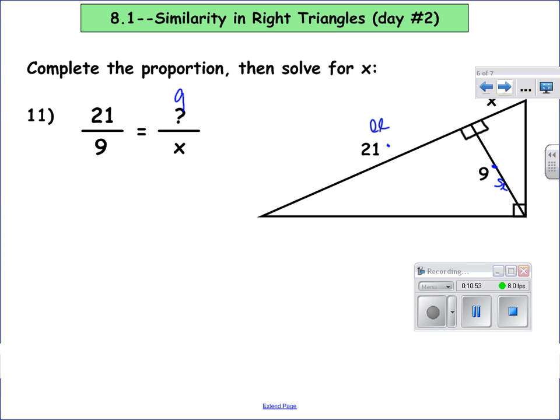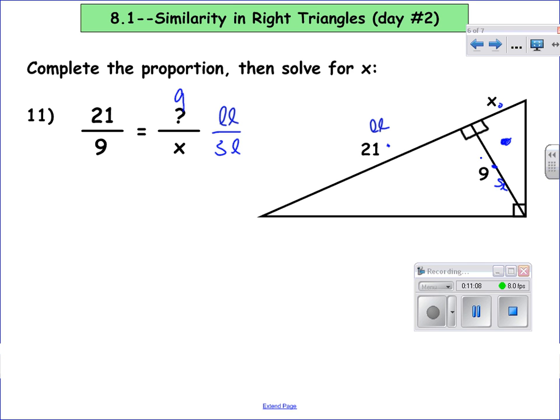So I already know that, but I should be able to confirm in this little triangle over here. Now I've got the long leg over the short leg, which is x. And everything looks to be copacetic. 21x equals 81, and I get not a nice number here, 81 over 21, and let's just leave it at that. Okay?